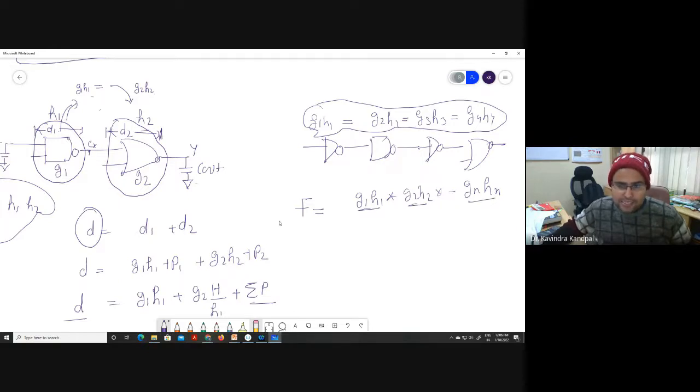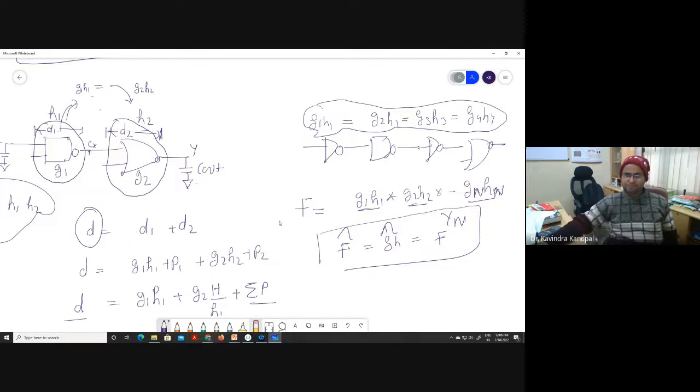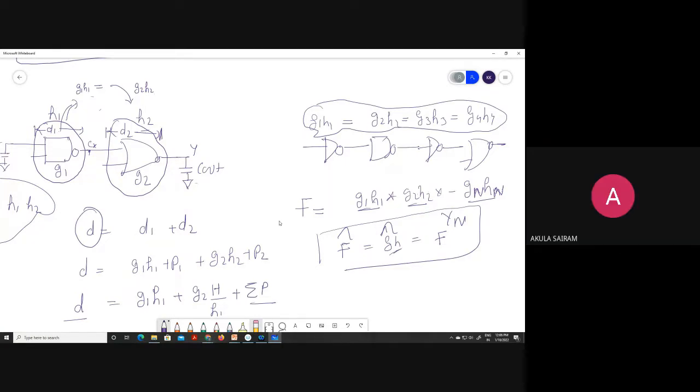So can I say this optimal stage effort, GH cap, is nothing but F to the power 1 by n, if there are n number of stages? Yes or no? Because if G1 H1 is equal to G into H, then it becomes GH whole square, then GH to the power n. So isn't optimal GH nothing but F to the power 1 by n? Yes, sir. Right or not?